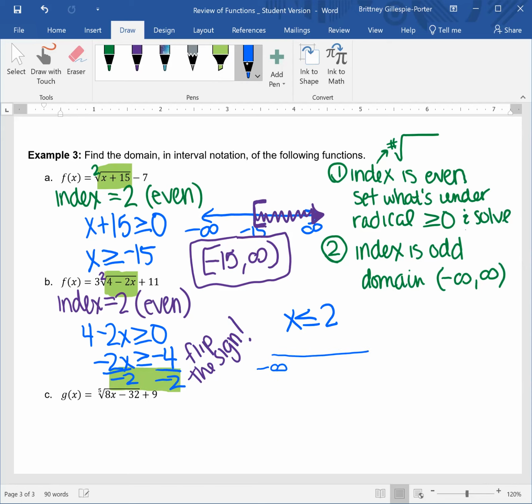If I were to graph this to get my interval notation, I would have a bracket at 2, and I need to go less than. So I'm going to go into the negatives. I'm going to go smaller, which means my domain is negative infinity with a parenthesis on up to 2 with a bracket.